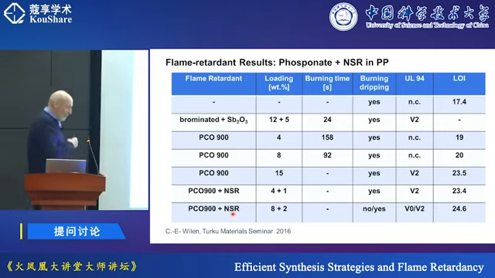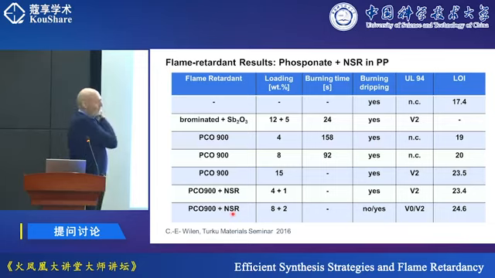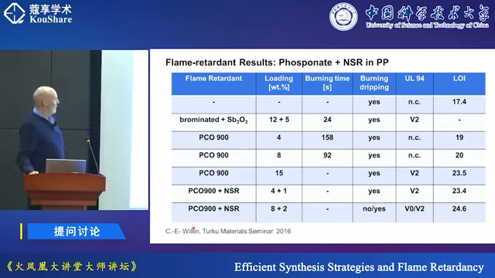I discussed with him a couple of times, and he said maybe we can develop others, but until now this combination of phosphorus compounds, special phosphorus compounds like this PCO 900 or phosphazenes, and these NSR radical generators for such applications are the best ones.